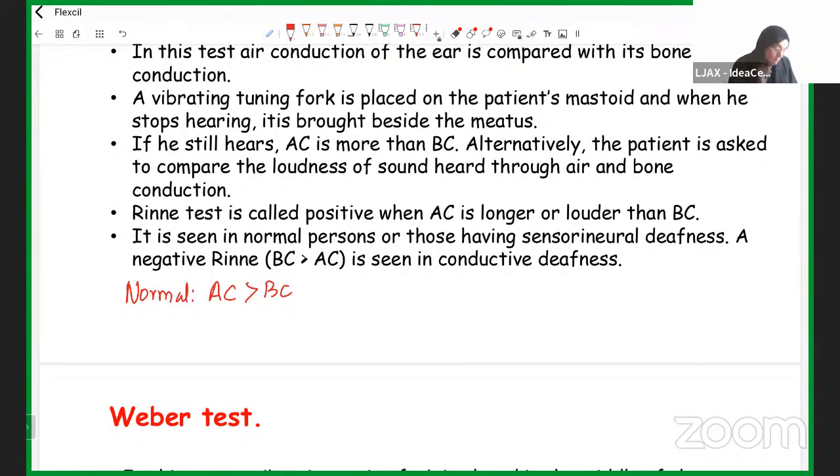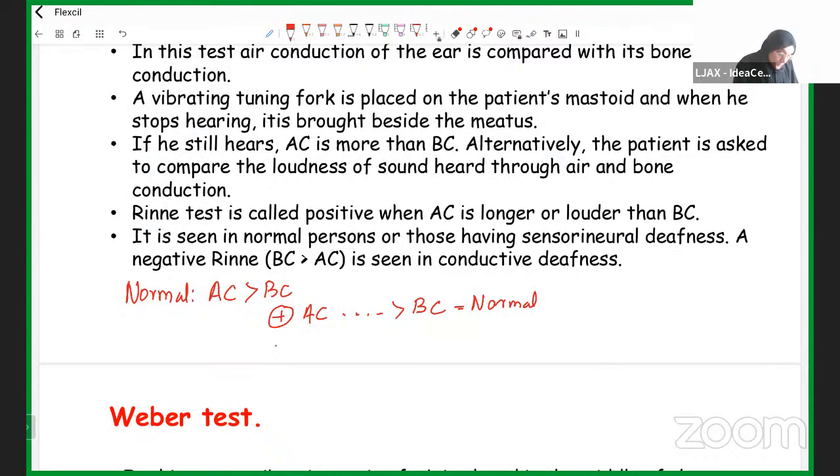Now, when you do a Rennie test and it becomes positive, what does it mean? When air conduction is longer or louder than the bone conduction, this is called positive. It means the patient has normal hearing.